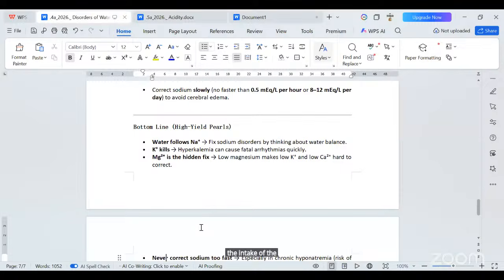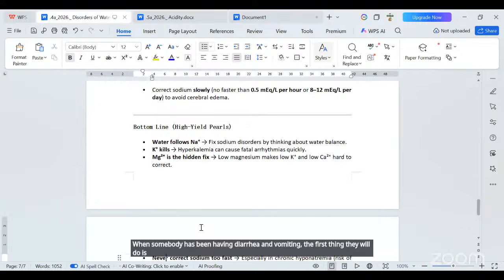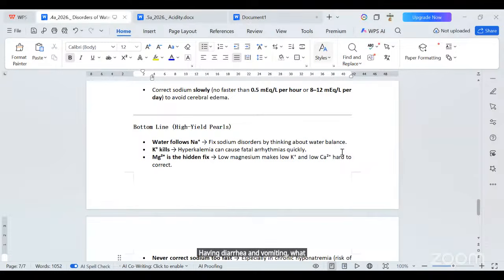You'll notice that when somebody has been having diarrhea and vomiting, the first thing they will do is what? Who can tell us? When somebody has been having diarrhea and vomiting, what? Oral rehydration saline. Yes, oral rehydration, and immediately the person is admitted, they give him a drip, they put a line so that the body doesn't go into shock.